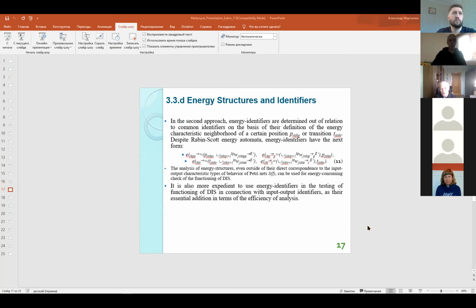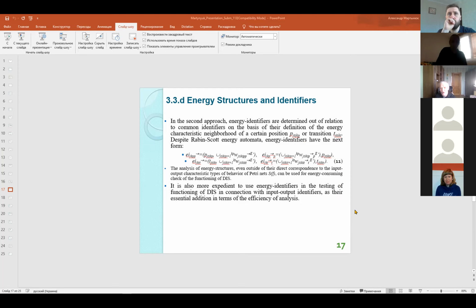In the second approach, energy identifiers are determined out of relation to common identifiers on the basis of their definition of the energy characteristics, Bohr code of certain position or transition. Despite Rabin-Scott energy automata, energy identifiers have the next form.